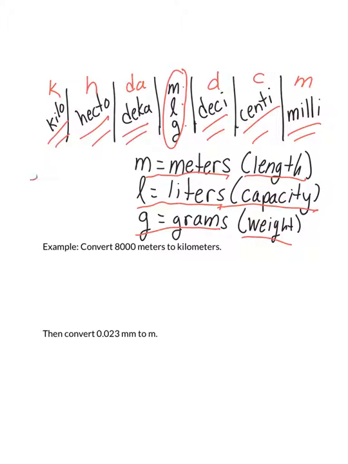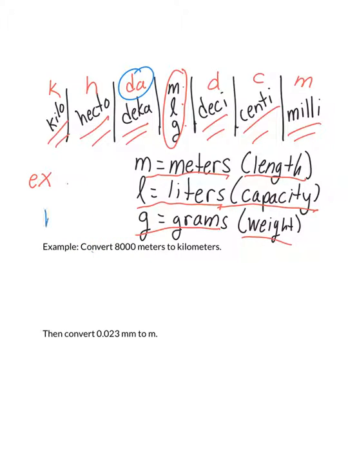So for example, I'll put EX to abbreviate example. If I saw an H coming before an M, I would read that out loud as a hectometer. If I saw DA coming before a G, well, DA stands for deca, and the G stands for gram, so that would be a decagram is how I would read that out loud.